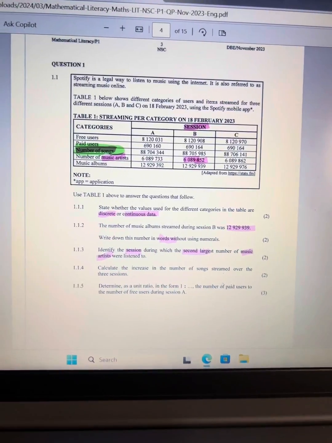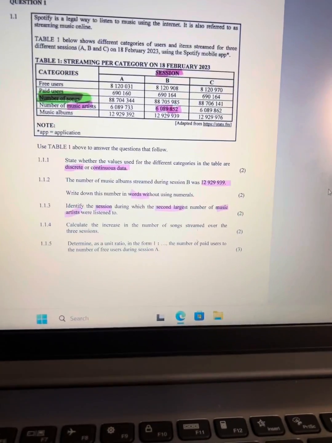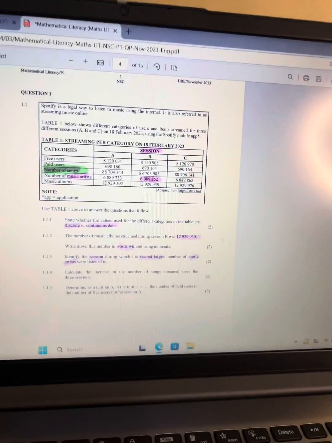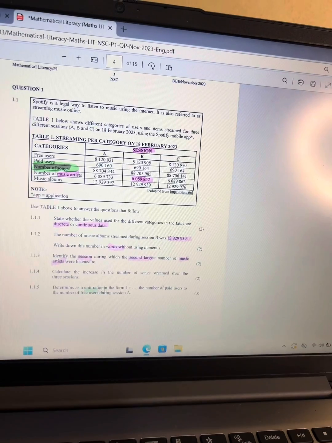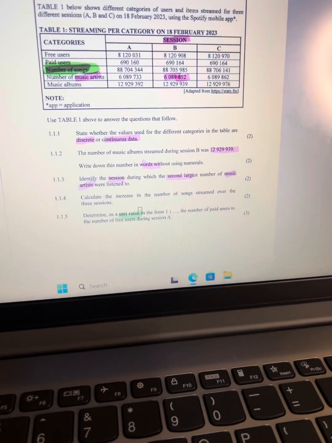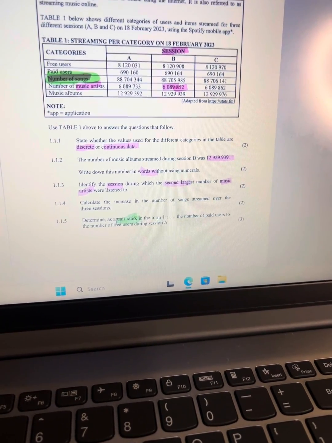And then let's go to question 1.1.5. They said determine as a ratio, unit ratio. When we see the word ratio, we must think about the two numbers that we're going to compare.